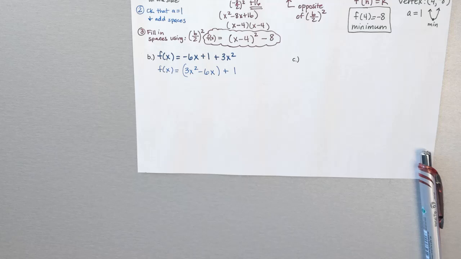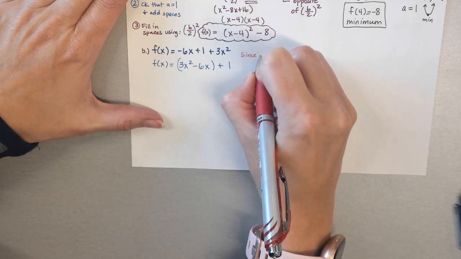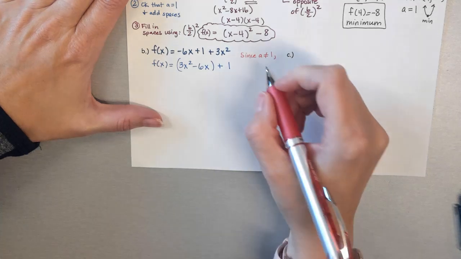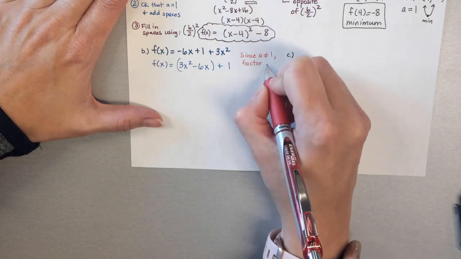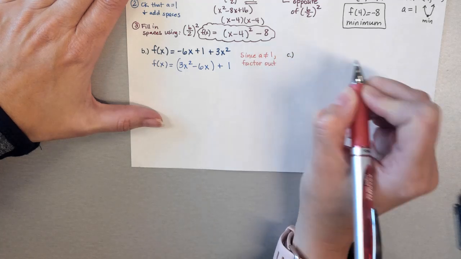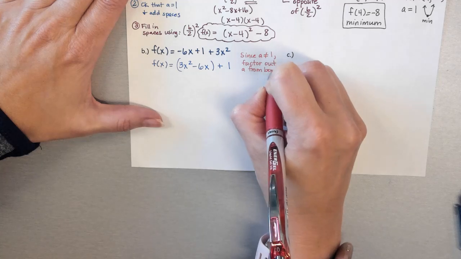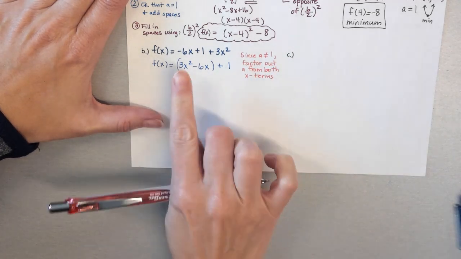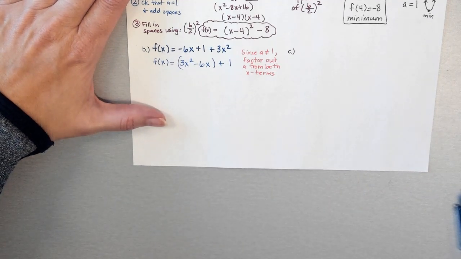We have to factor. Okay, so since your a value does not equal 1, you are going to factor out a from both x terms. And you're only doing the x terms because that's the only part you're using to complete the square.